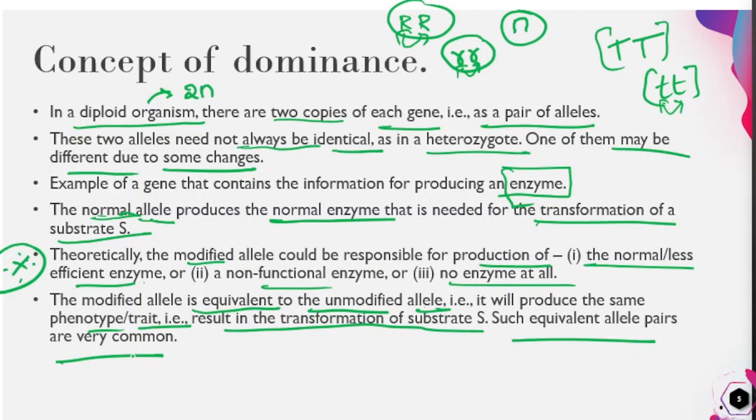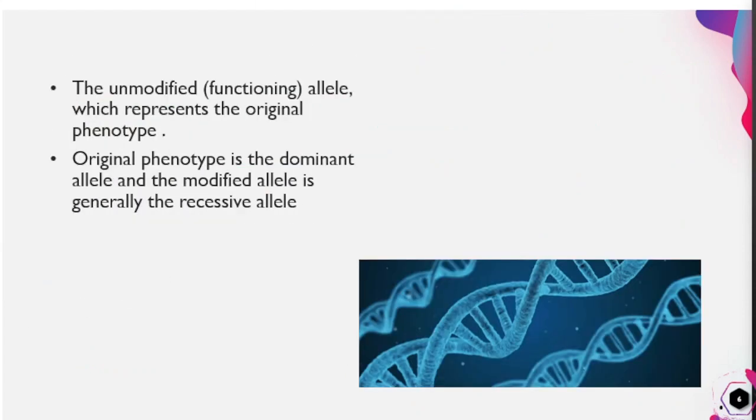When the modified allele is equal to the unmodified allele, they possess the same phenotype, same trait, and convert the substrate to S in the same way. This is very common, but in some cases they will not be equal, and only in those cases can we see some differences.